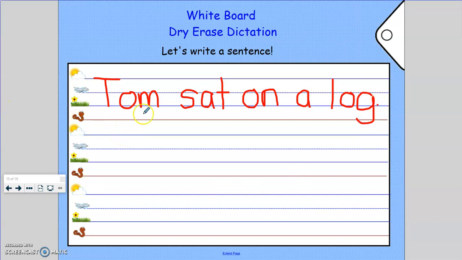So let's read the sentence together. Tom sat on a log.